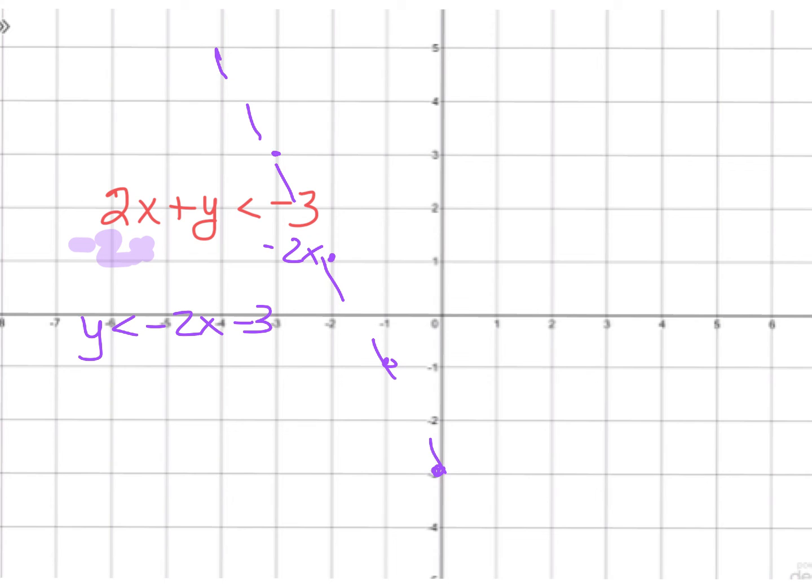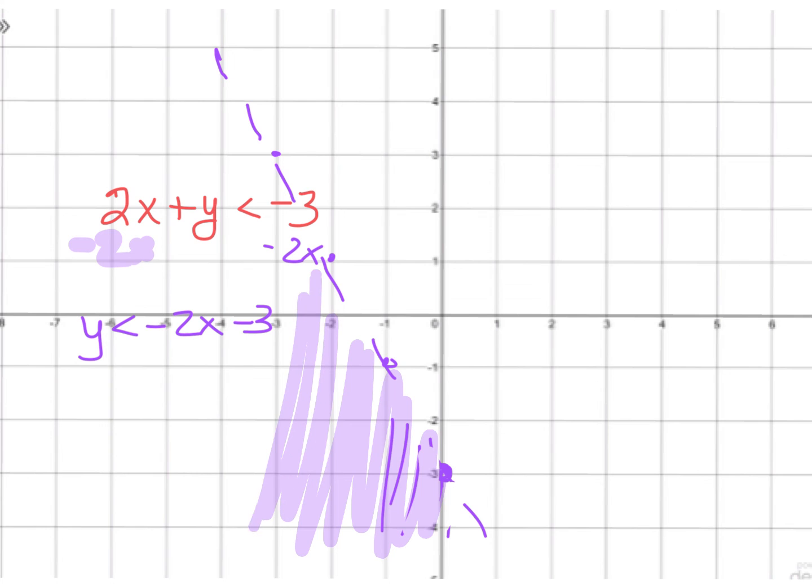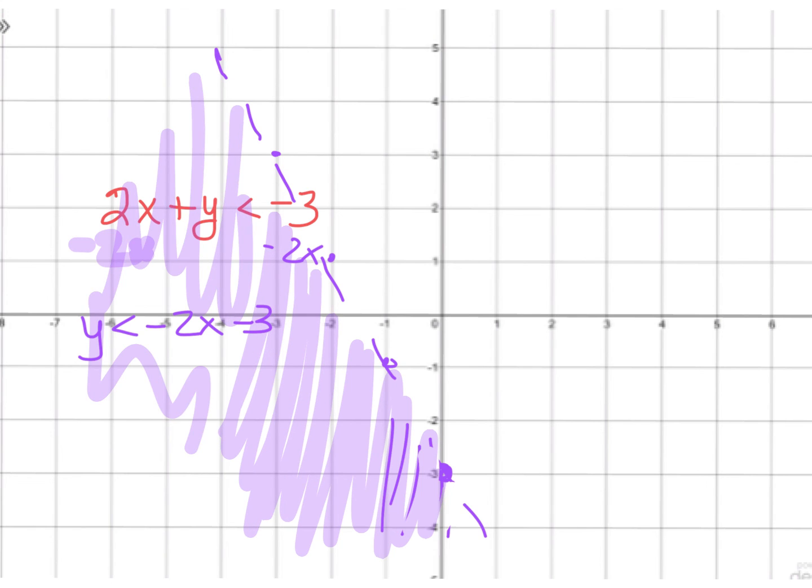And again, it's less than, so I'm shading lower than. You might want to go to that y-intercept and refer to all of the y's that are less than that point. Less than that would be underneath it. Again, don't think left-right, because that's going to change based on whether the slope is positive or negative. Think above or below is what we're shading.